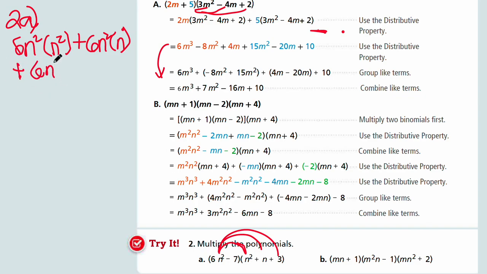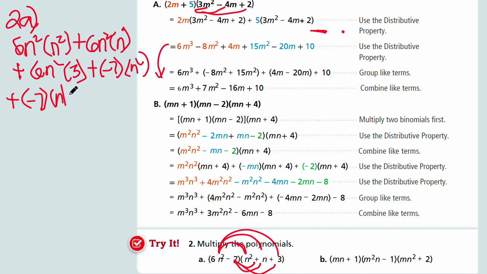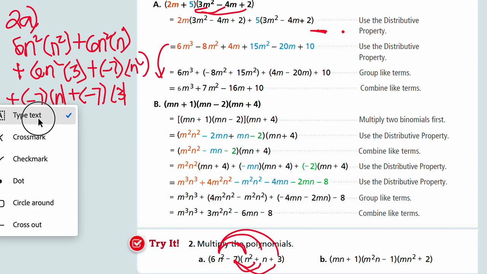And then 6n squared times 3, plus negative 7 times n squared. So we're going to do it again with the second term, one by one: plus negative 7 times n, plus negative 7 times 3. Okay, let me start typing because this is not so helpful right now.